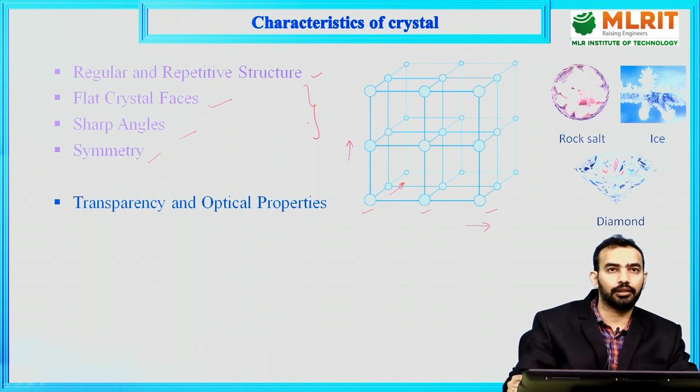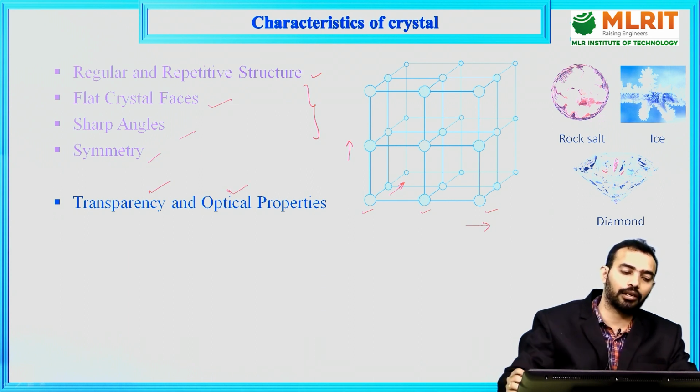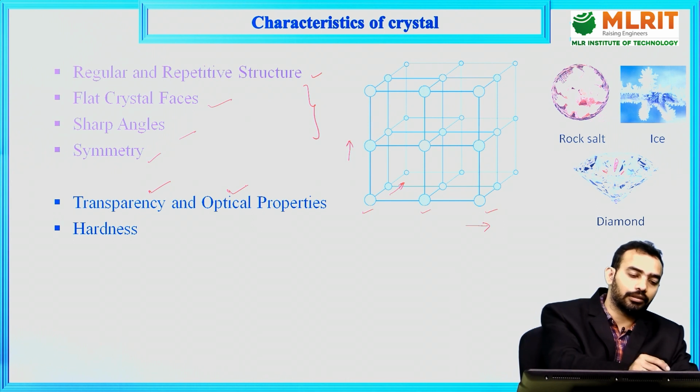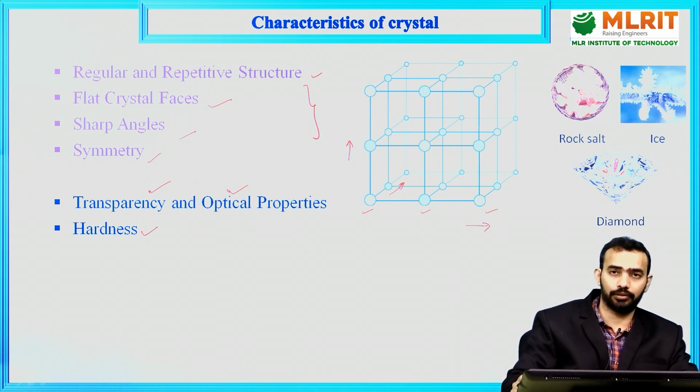Then if you look at the properties, most often all crystals have transparency and optical properties, through which light can easily pass, and they have high hardness values because of very strong bonds between the atoms.